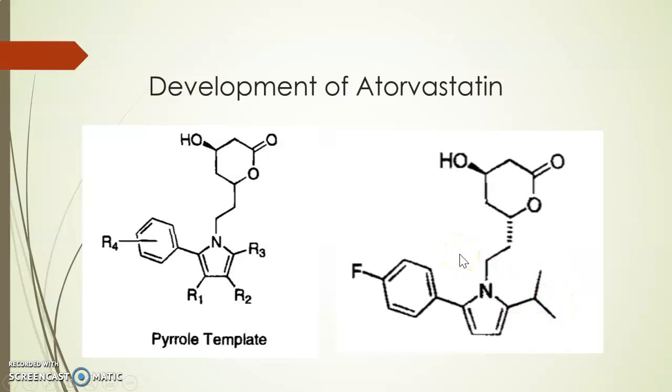And it turns out that the isopropyl group fits right into a shallow hydrophobic pocket, and so that gives it its hydrophobic interactions. And this particular compound had an IC50 of 0.4 micromolar, so not quite as good as the fungal metabolites that they were finding, but they were able to get down to a pretty good number. And so that gave them hope that they were going in the right direction with this.